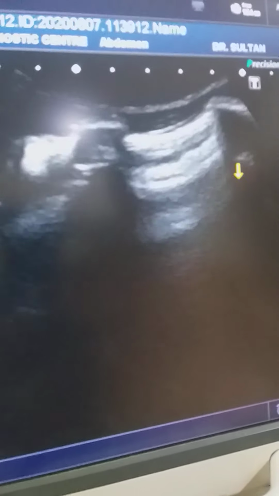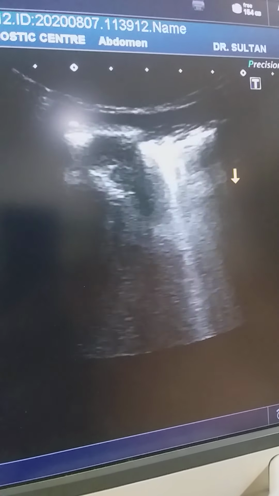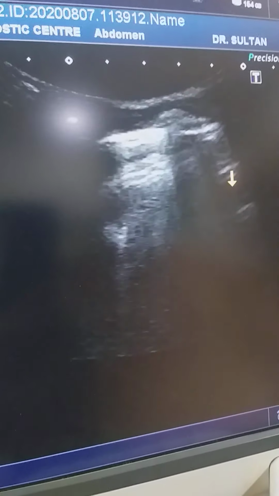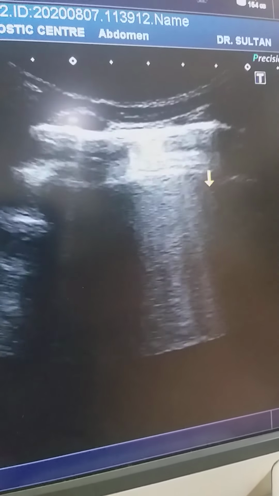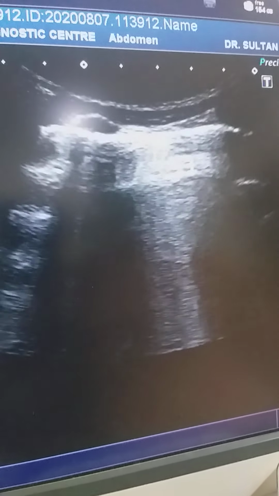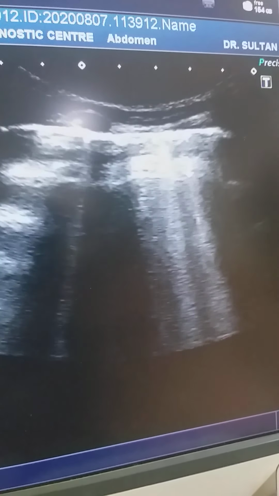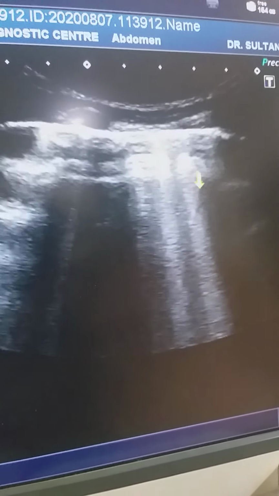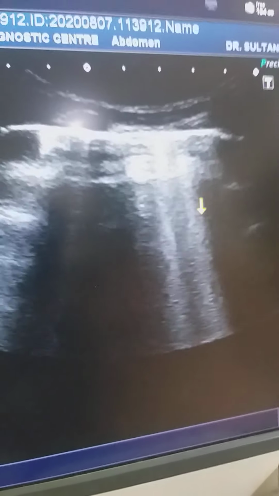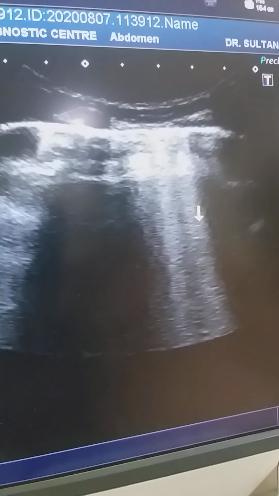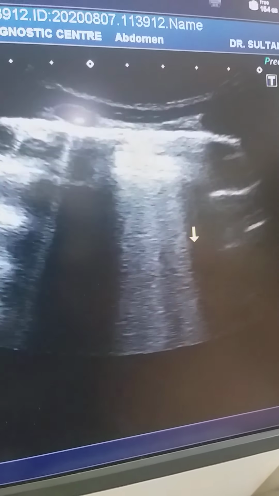And when I move to the lower chest on the left side, we can see that the B lines are having the same picture as in the right lower chest.